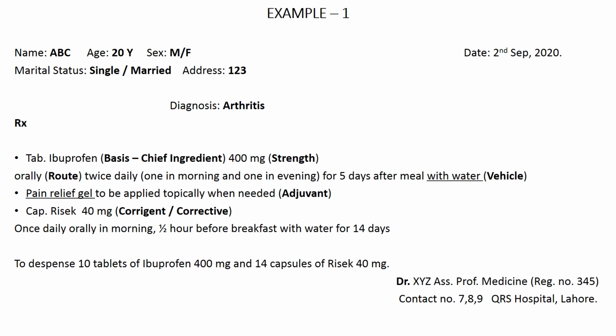For example, to dispense 10 tablets of ibuprofen 400 mg and 14 capsules of Ryzek 40 mg. After subscription, the information of the doctor comes, in which the name, signature, designation, contact number, registration number, and the hospital address is given.